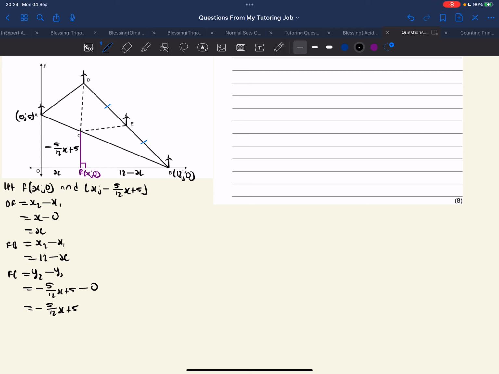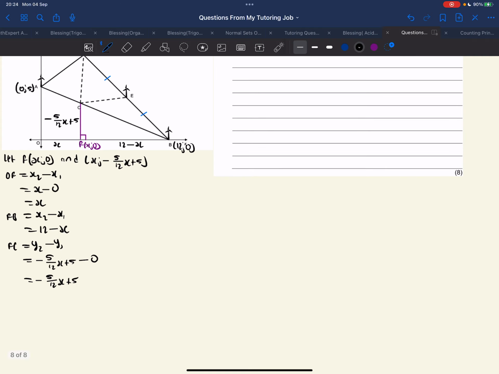All right, now the only thing that is missing in that triangle CFB is the length of CB. Now remember, from our previous question, we calculated that the length of AB is equal to 13 units. All right, so you gotta keep that.